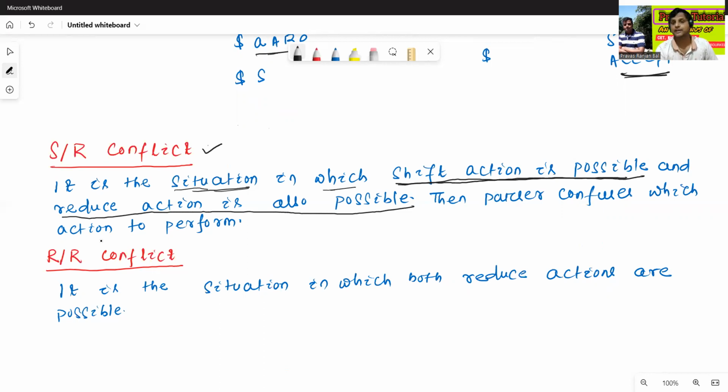Then the parser will be confused about which action to perform.